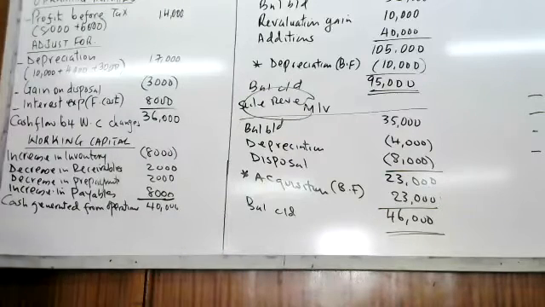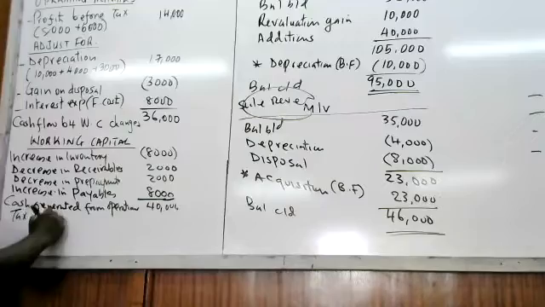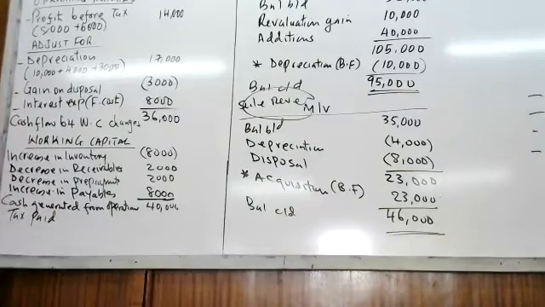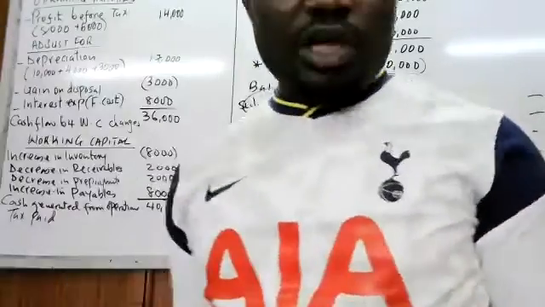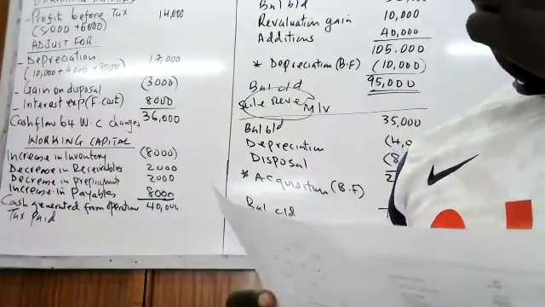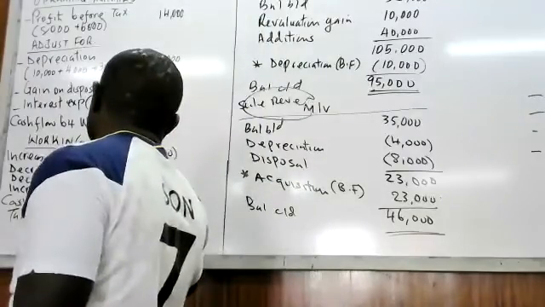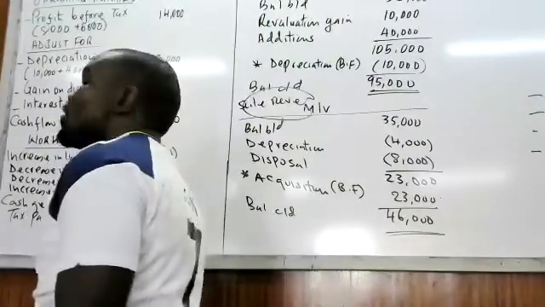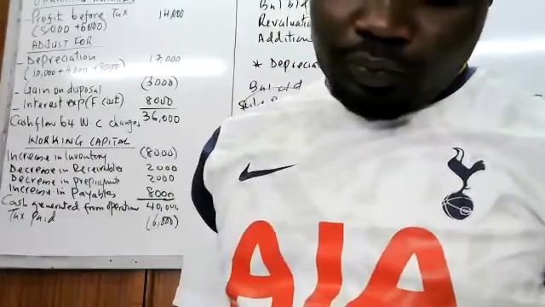So what were we given? Did they give us a note number? Tax paid was how much? So that one you subtract. Tax paid is a cash outflow.